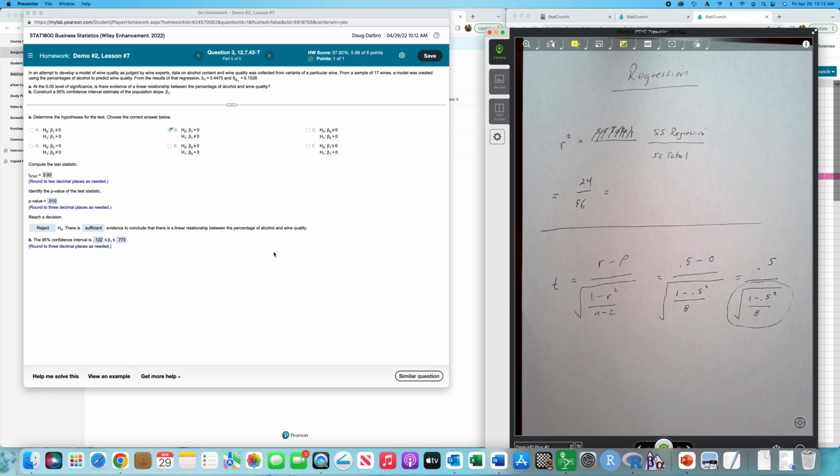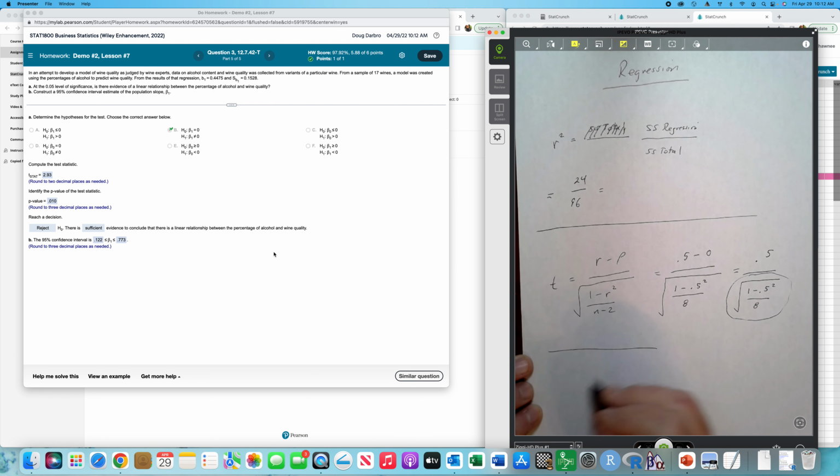So the test statistic here is just my estimate of B1 over the standard error for B1. So really all I need to do is just take 0.4475 and divide it by the standard error, which is 0.1528.